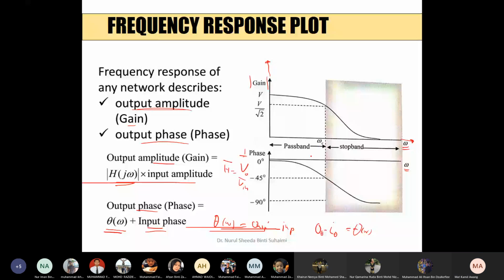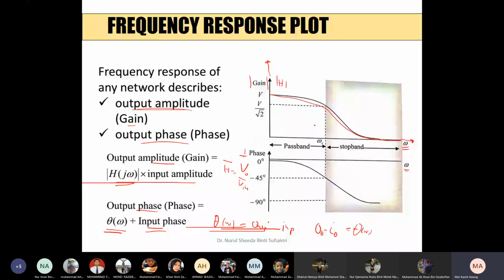So let's say you have this function. This is the response, the actual response of your system. Say something like this. So this is the H, the gain.